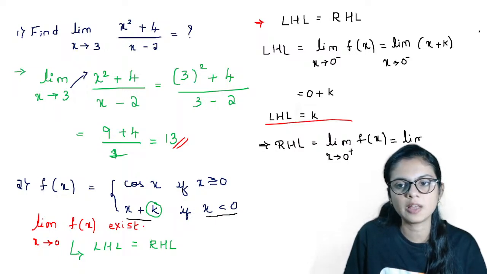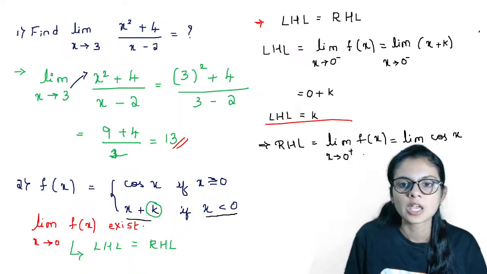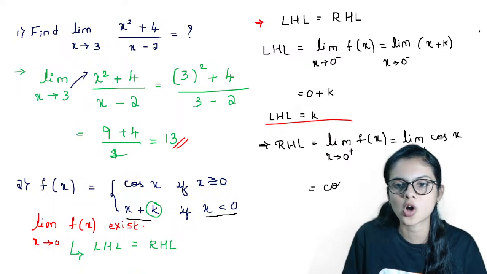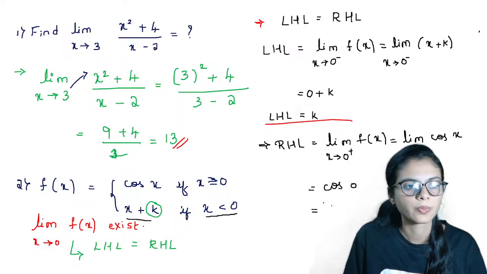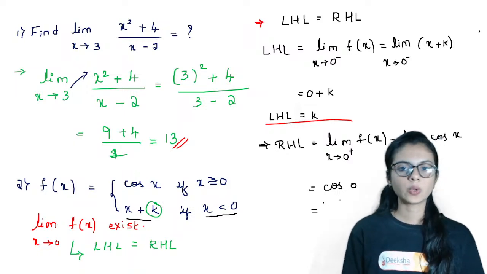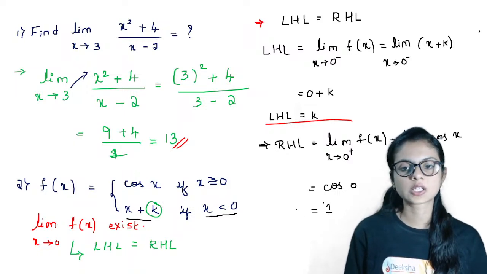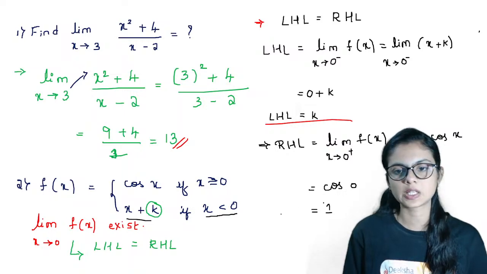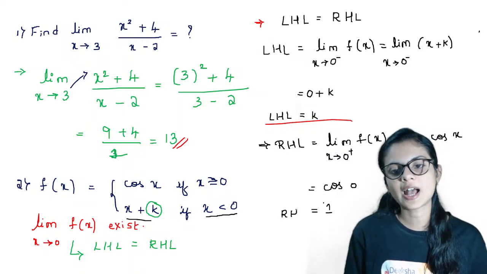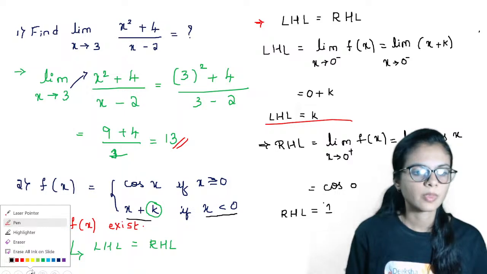That is equal to limit x tends to 0 plus, and in the place of f of x, let us substitute cos x. So what is the value of cos 0? Yes, the value is 1. Cos 0 is 1, cos 90 is 0. So the RHL value is 1.